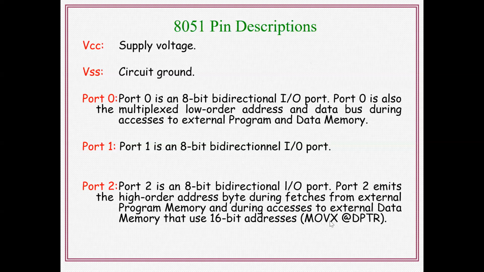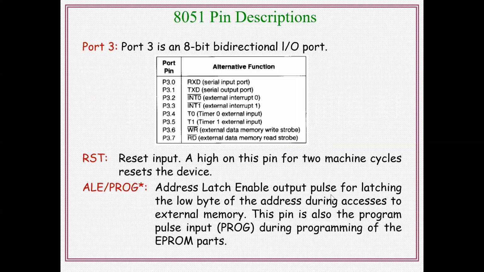Already we discussed that MOVX indicates external data. And port 3 is also an 8-bit bidirectional IO port. Port 3.0 is RXD, the serial input port, and port 3.1 is TXD, the serial output port. Port 3.2 is INT0 bar, external interrupt 0.